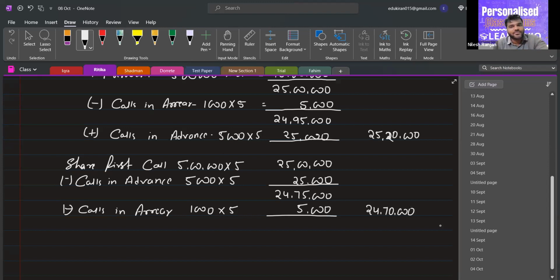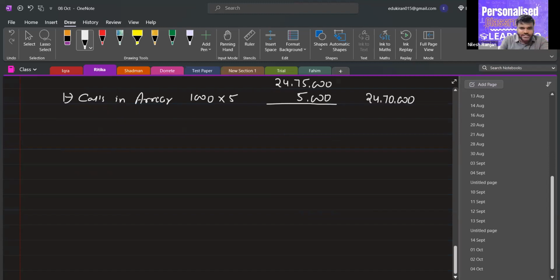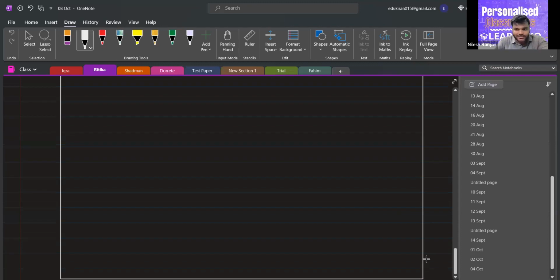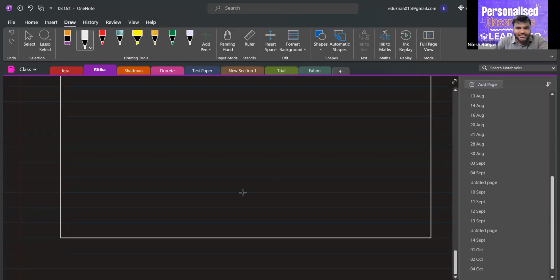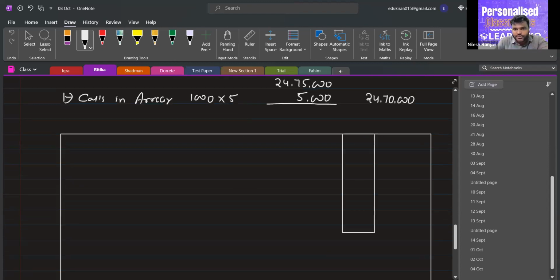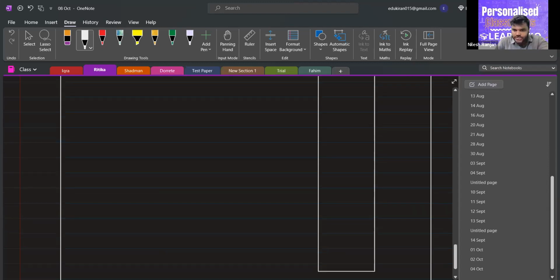Yes, sir. Okay. Now the journal entry part. First entry is very simple. Let me prepare the format. I don't prepare the format all the time, but sometimes we have to present the question as per a specified format.